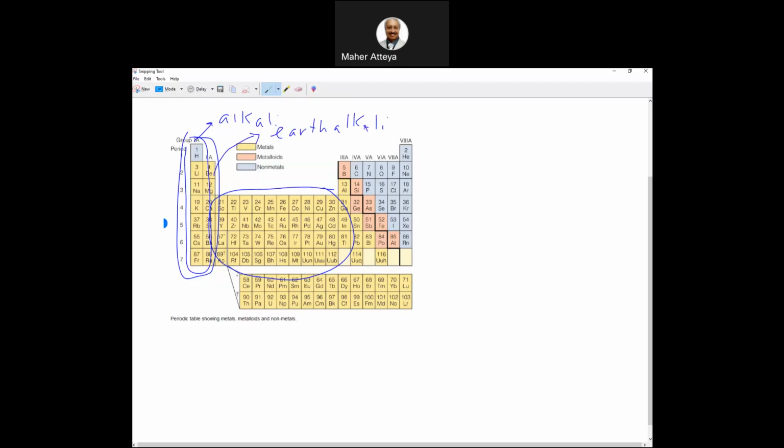Then you can come here, then they carry the group name of, this is boron, the boron group, carbon group. Number 6, carbon, number 4, 5, nitrogen group.